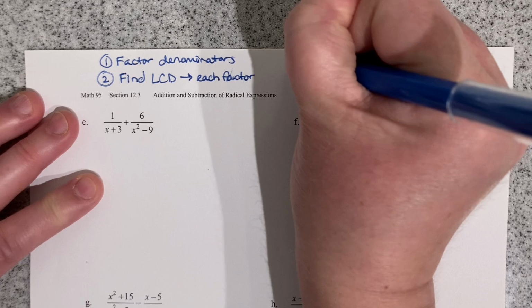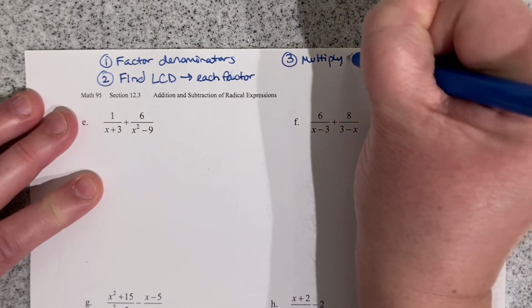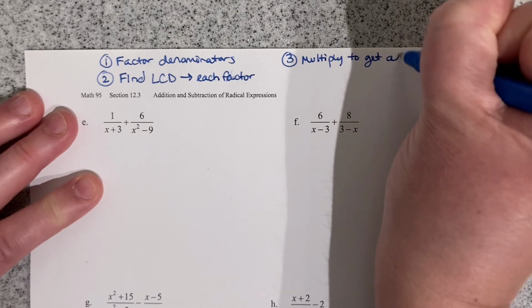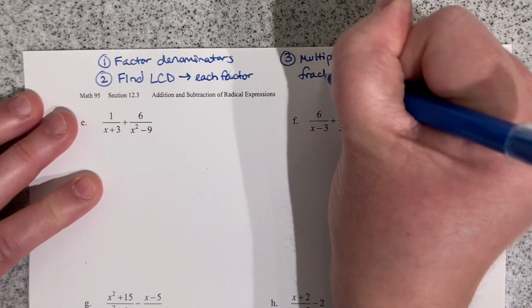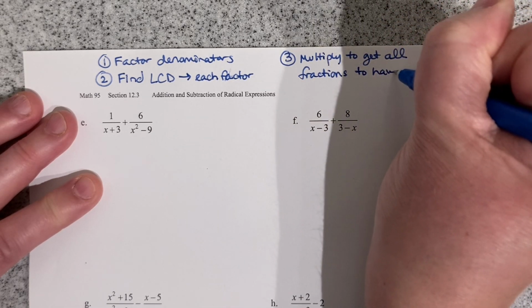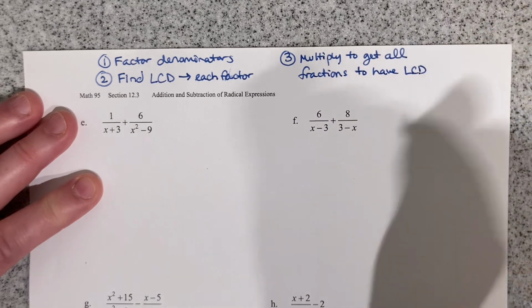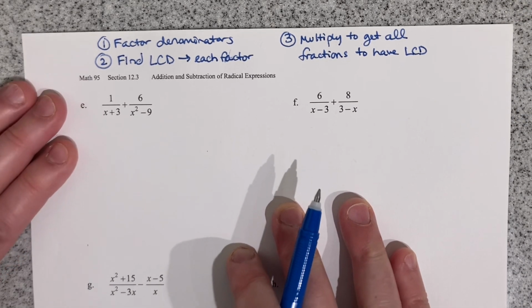And then finally, we multiply to get all the fractions to have that same LCD, the least common denominator. All right, let's see if that structure helps us.